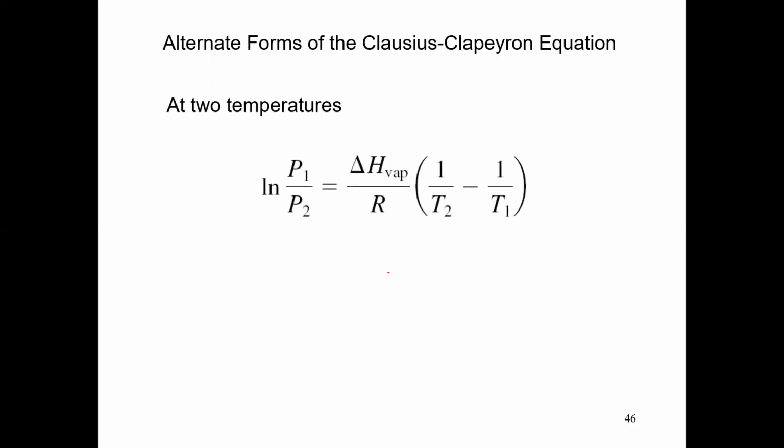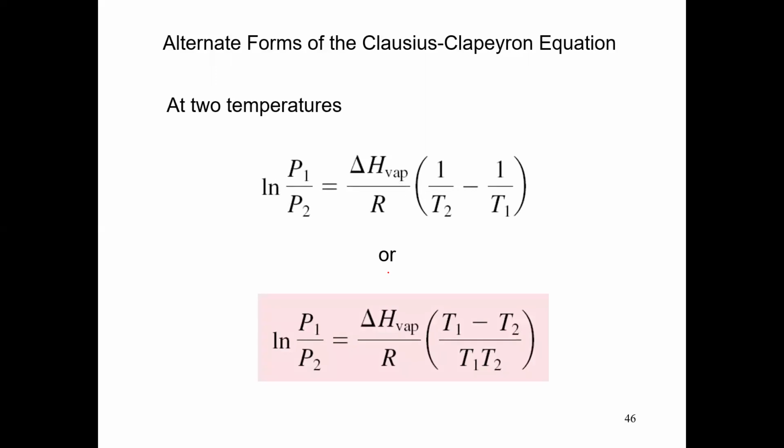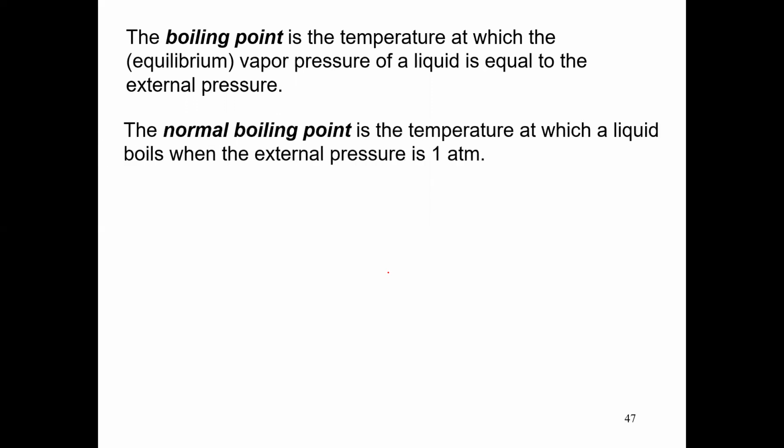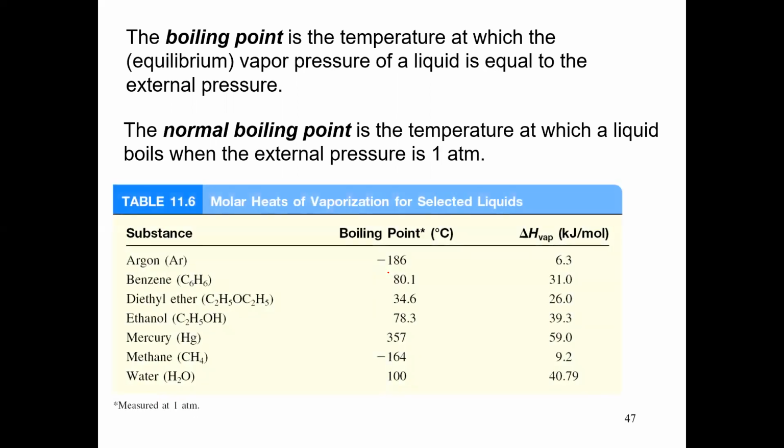The boiling point is the temperature at which the vapor pressure of the liquid is equal to the atmospheric pressure. The normal boiling point is where the external pressure is 1 atmosphere. So here are different examples of boiling points of different materials, and notice water is at 100 degrees C, like we did before.